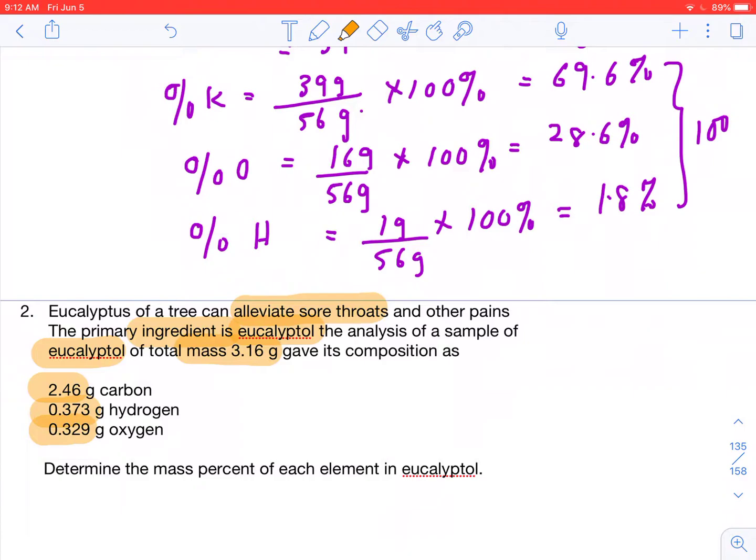So there you have this, and now what do we need? We need to determine the mass of each element in eucalyptol, right? Given those masses there.